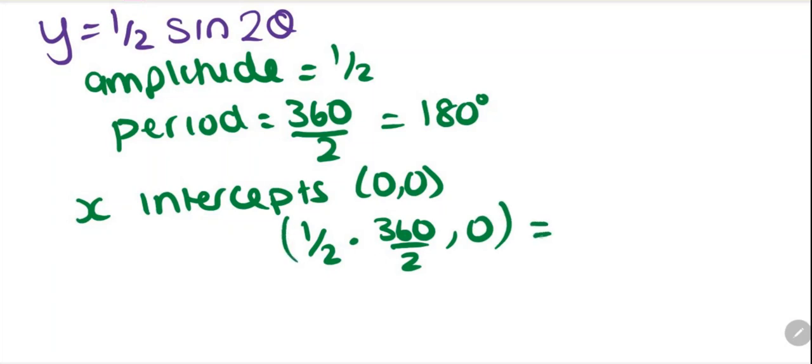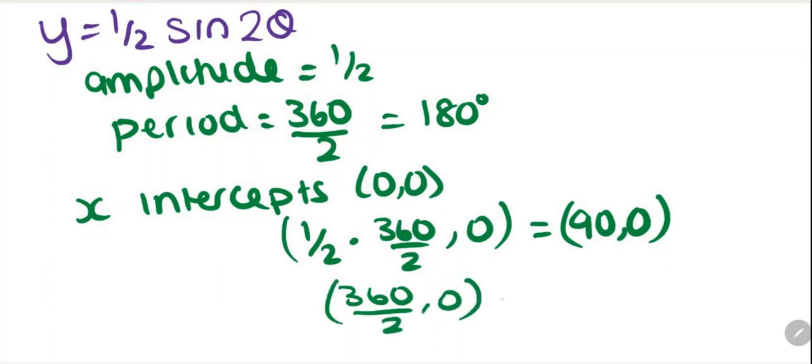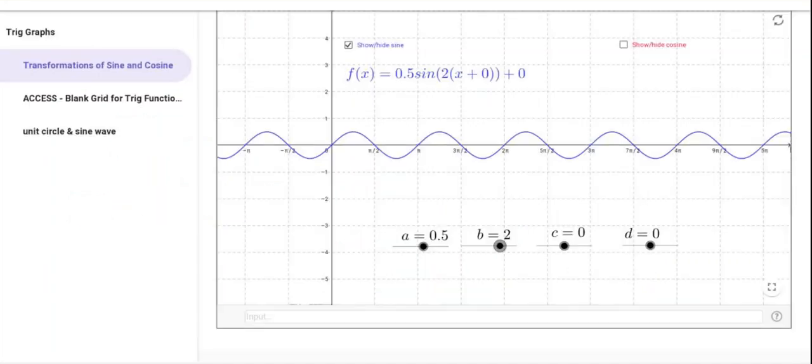So this will be a half of 360, 180, a half of 180 is 90, so that is 90, 0. And the second is at 360 divided by 2, comma 0, which will be at 180, comma 0.